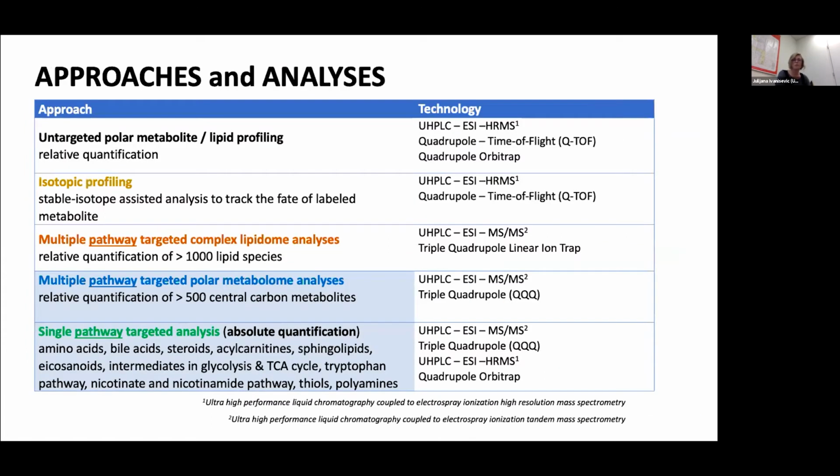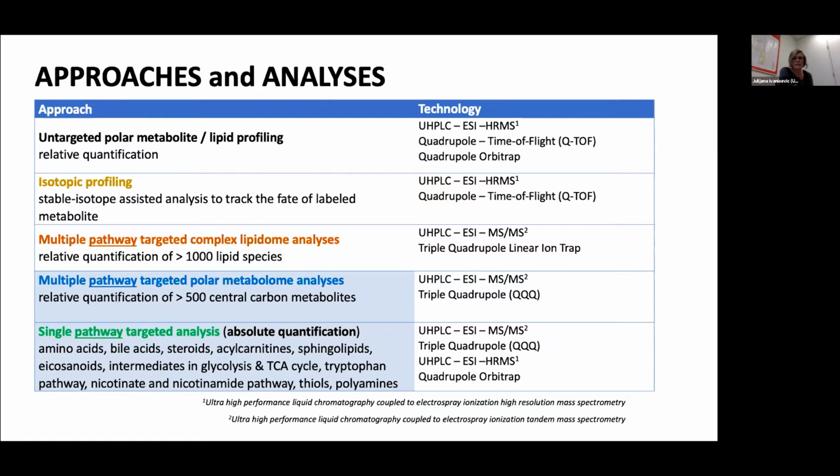In terms of approaches and analyses we can perform, I have summarized our service catalog in this table. We perform untargeted analysis, which can be done with a focus on polar metabolites or on complex lipids.